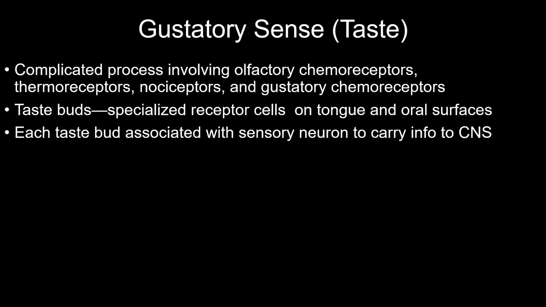Now, each taste bud is contacted by sensory neurons that transmit that stimulus to the central nervous system. So remember, this is a special sense. So these taste buds are your special sensory cell that transmit the signal to a neuron that goes to the CNS. And we're going to talk more about how taste sensation goes from detection of the chemical on the tongue to the processing of that neural signal in various regions of the brain.